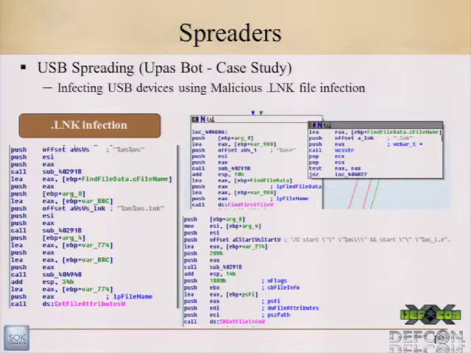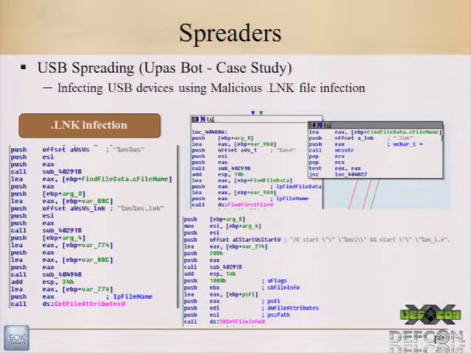Another way of doing this, apart from autorun, is a technique we call malicious .lnk file infection. Typically about a year back, the Microsoft .lnk vulnerability was exploited the most for system-level exploitation. It's simply a sort of shortcut, and the bot can also create a shortcut.